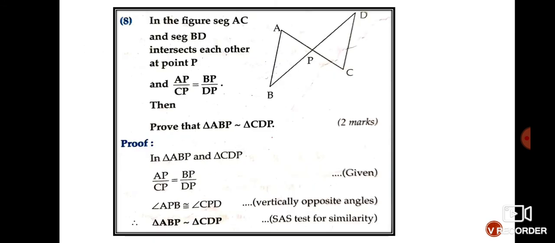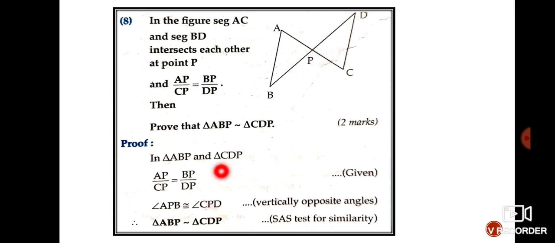Now we go to the 8th sum. In the figure, AC and BD intersect each other at point O. Now they are saying AP upon CP is equal to BP upon DP. Then prove that ABP is similar to CDP.